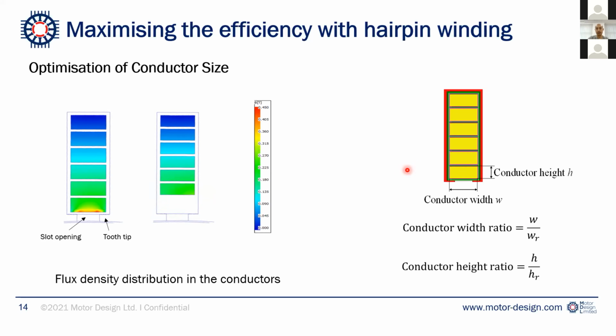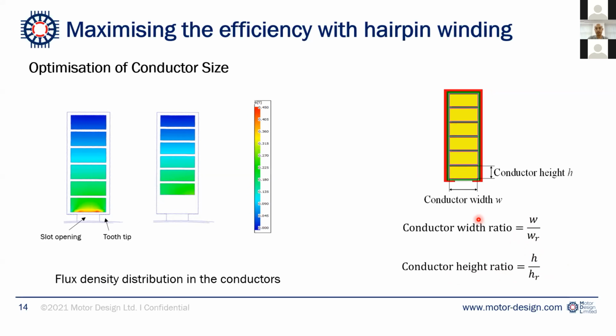And in this design, we use the conductor width ratio instead of the actual width. It is defined as the actual width divided by the reference width of the hairpin. Similarly, for the conductor height, the ratio is the actual height divided by the reference height.